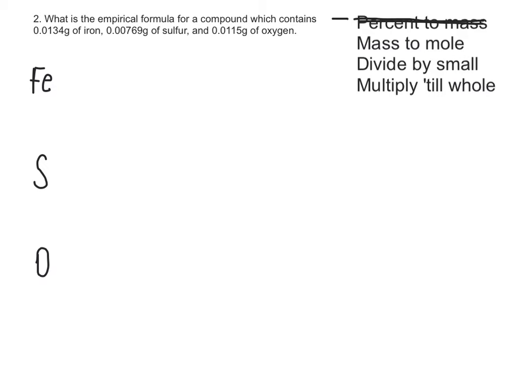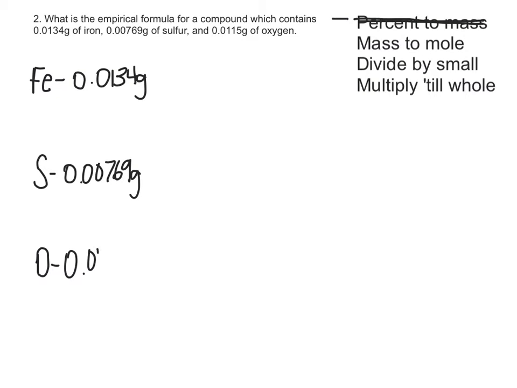So I'm going to start by writing what's given. 0.0134 grams of iron. I have 0.00769 grams of sulfur. And I have 0.0115 grams of oxygen.